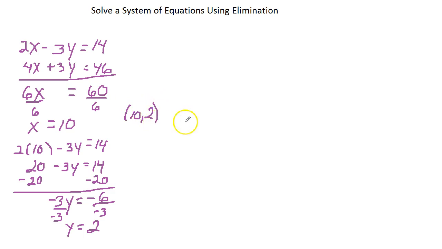2. All right. Now we're going to do another system of equations using elimination, but this time it's not going to be quite as nice of numbers as this negative 3y and positive 3y.